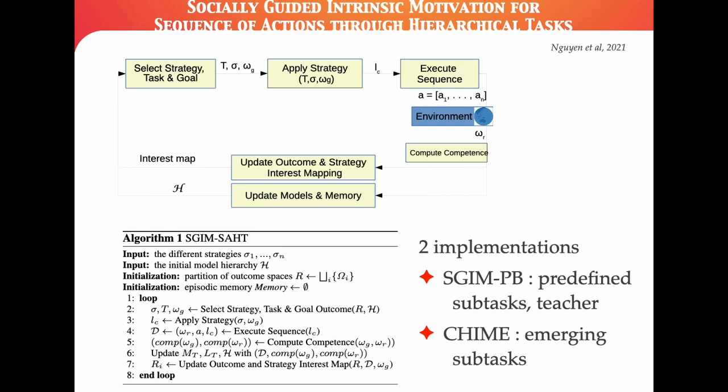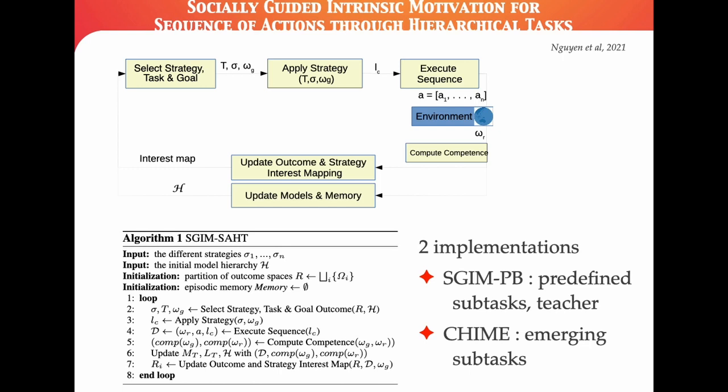From this general schema, we implemented two versions. The first is called SGIM-PB, for procedure babbling algorithm, where we consider that the subtasks are already predefined, and so the learner only needs to discover the relationship between the different tasks.